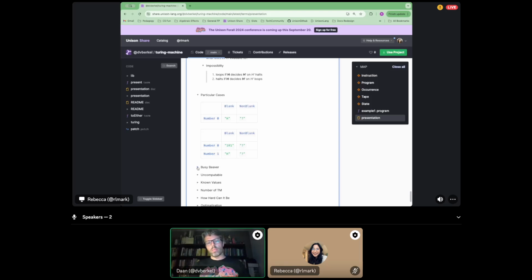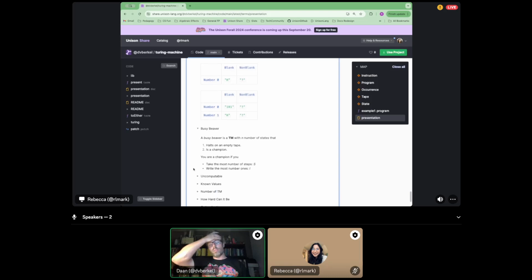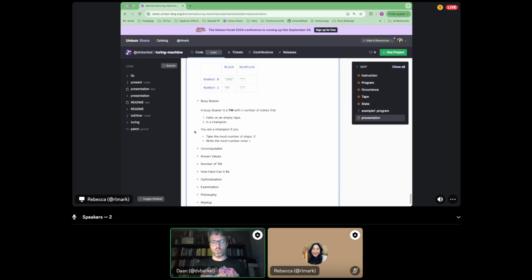The Busy Beaver problem, and you can unfold the definition, is this: if you have a Turing machine with a number of states, and you start it on the empty tape, you call it a busy beaver if it is a champion. And there can be a number of champions. You can either write the most ones on the tape, but you have to finish eventually, you have to halt, or you have to take the most number of steps.